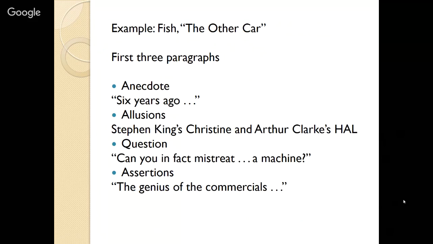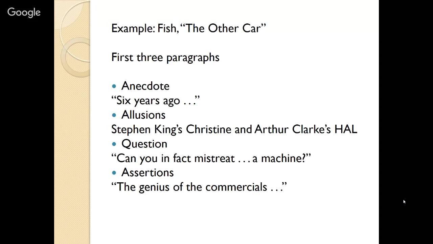Specifically, he refers to Stephen King's Christine and Arthur Clarke's Hal, which helps to carry on this analogy that he's using of comparing these cars or these machines to people in the roles that they fit in our lives. He asks a question: can you, in fact, mistreat, except in a technical sense, a machine?